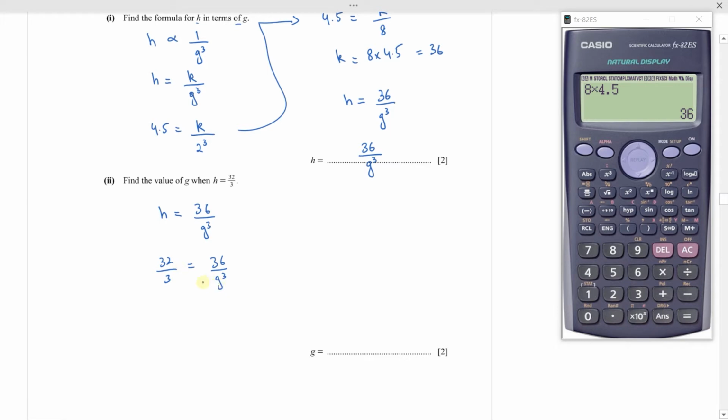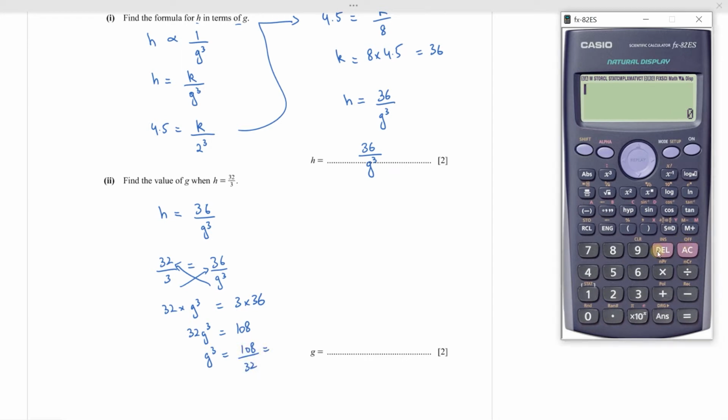Now if I cross multiply, I get 32 into g cube equals 3 into 36. So 3 into 36 is 108. So 32 g cube will be 108. G cube will be 108 divided by 32.